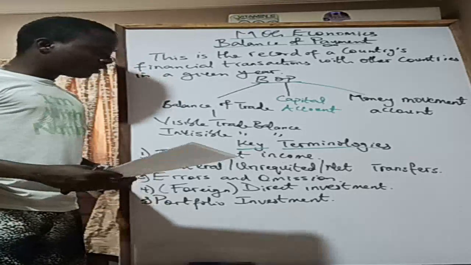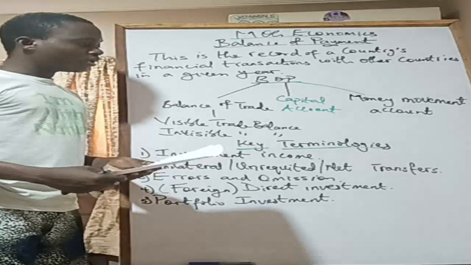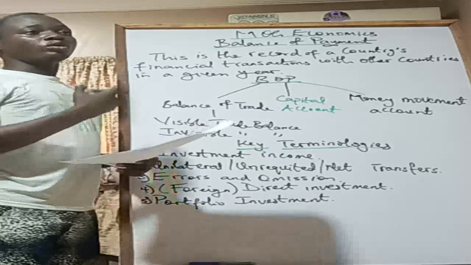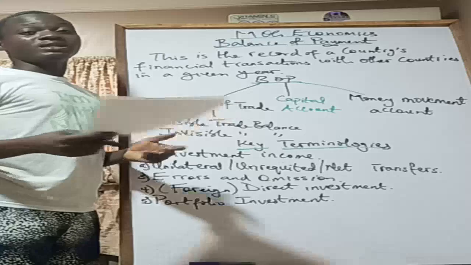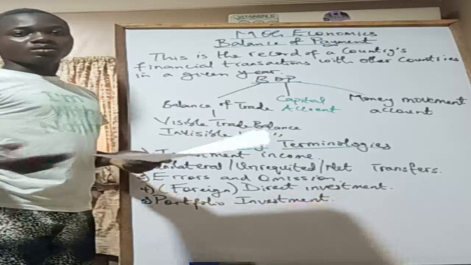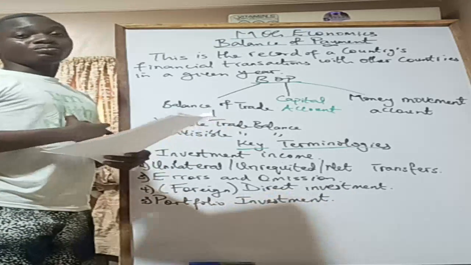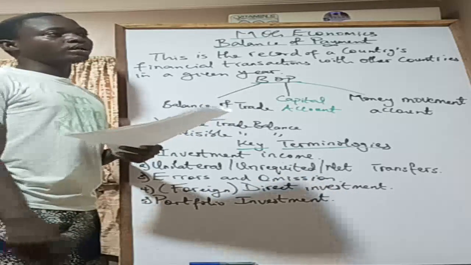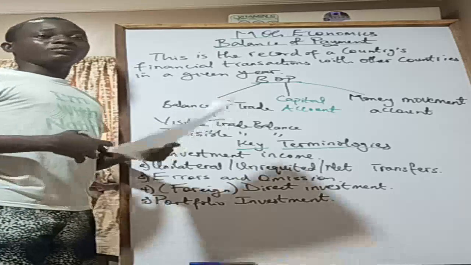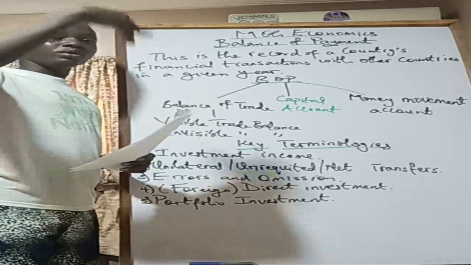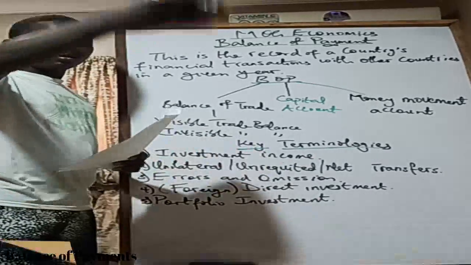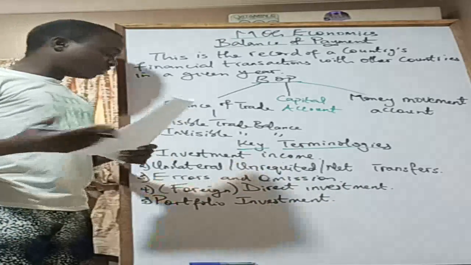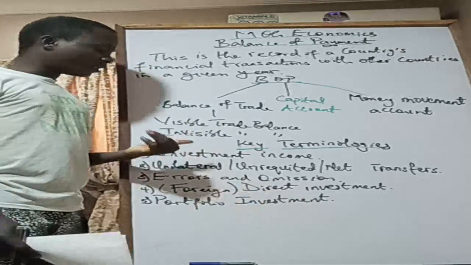And how about unilateral or unrequited transfer payments? So these are transfer payments, right? From one country to another country. They may be gifts, they may be grants, all of those things. They are not for currently produced goods and services. So like the government of a country giving a grant to people in other countries, or maybe giving a grant to another country, all of those fall under unilateral unrequited transfer.